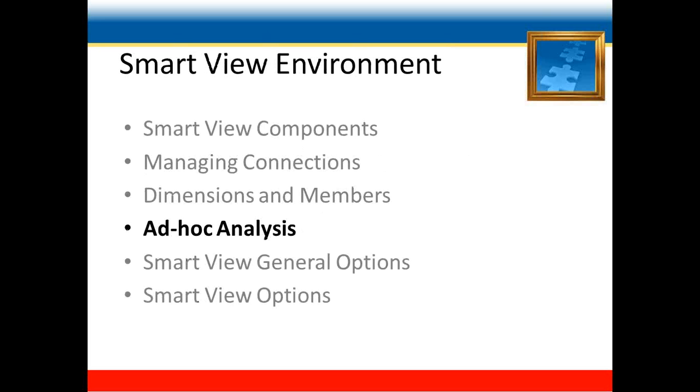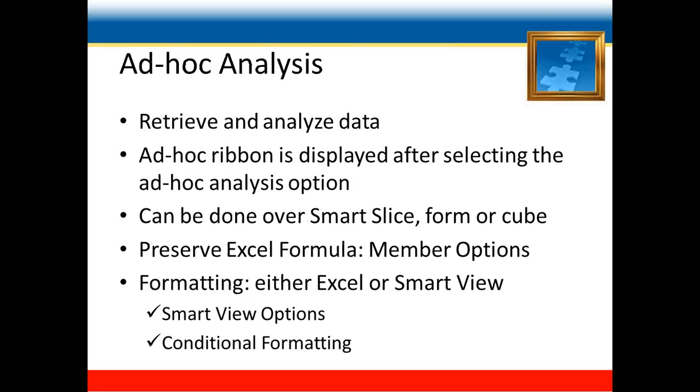Then we will be provided with the ad hoc analysis feature in the SmartView environment. This basically consists of retrieval and analysis of data. Once we connect to the data source, we can right click over it and click ad hoc analysis, which will open the ad hoc analysis tab beside the SmartView tab.